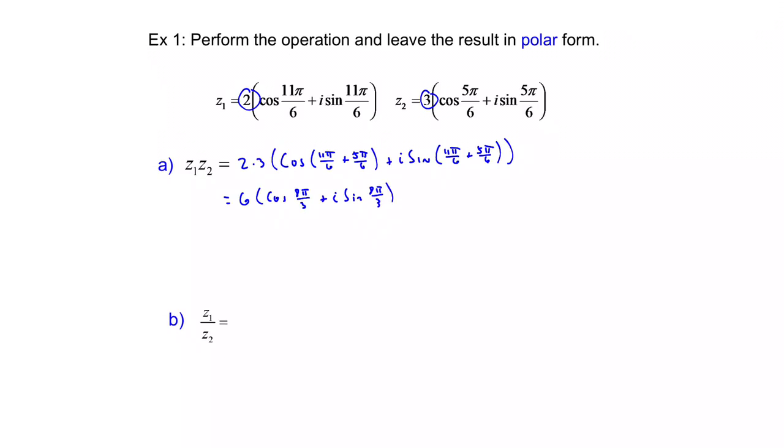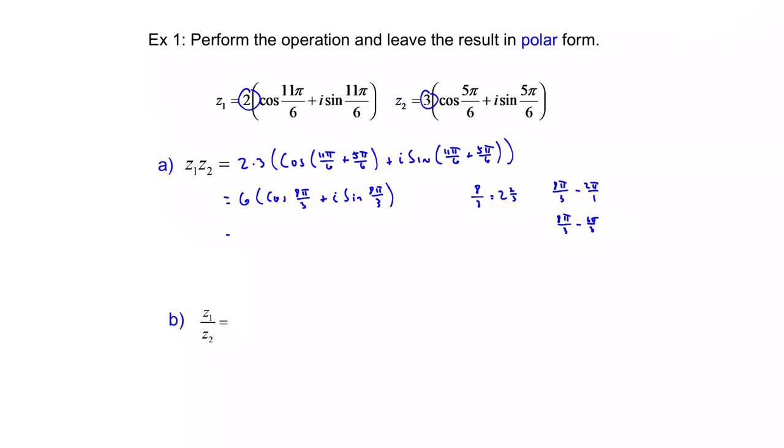Now, is 8 pi over 3 greater than 2 pi? And the answer to that is yes. 8/3 is equivalent to 2 2/3. So it's definitely bigger than 2 pi. So we need to subtract 2 pi from 8 pi over 3, find a common denominator, and that would be 8 pi over 3 minus 6 pi over 3.